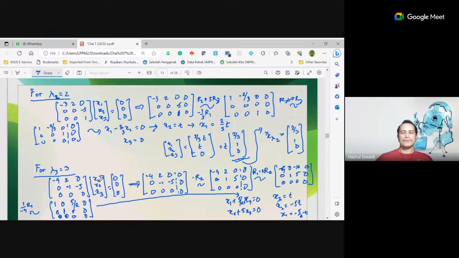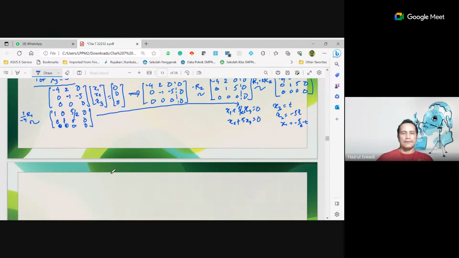Ordering x1, x2, and x3, we have -5 over 2 t, -5t, and t. Factoring out t, we have -5 over 2, -5, 1.